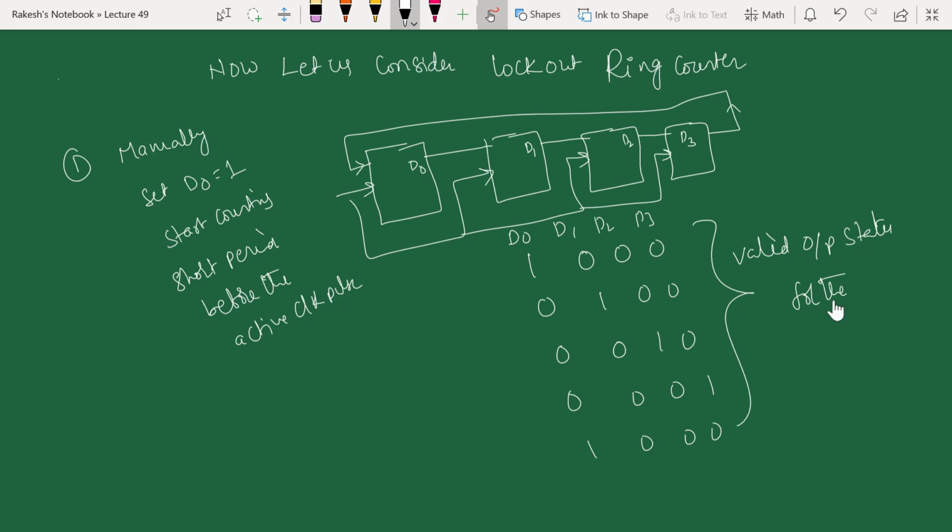for the ring counter. Now let's say if the counter goes to any other state other than these states, what happens? What kind of consequence are you going to face?